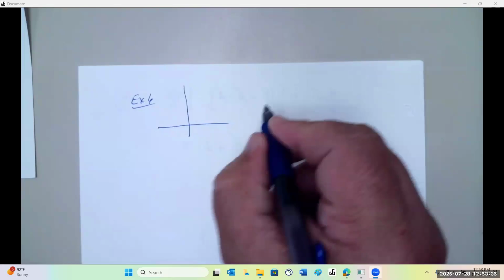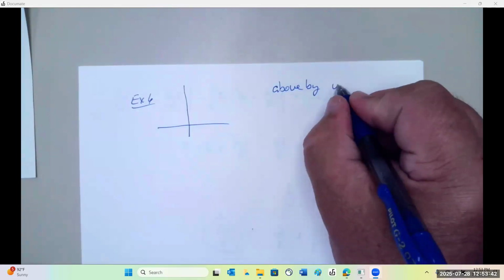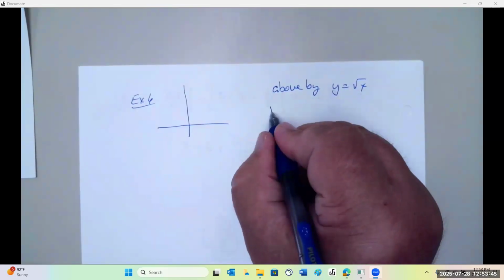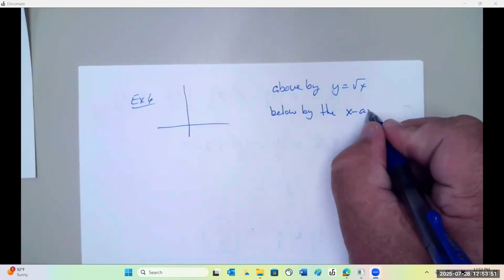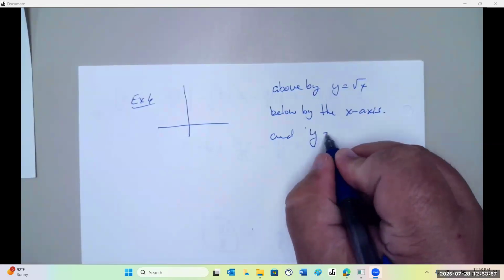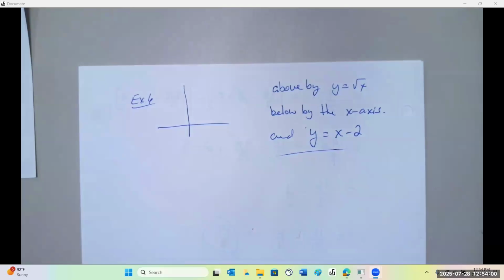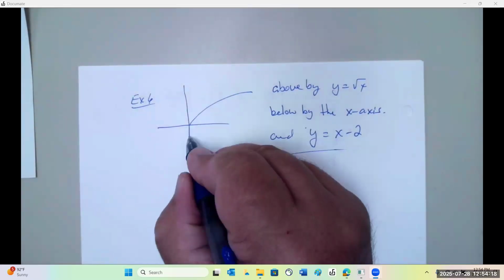It said above by y equals square root of x, below by the x-axis, and y equals x minus 2. So as we know, our graphs look like this.